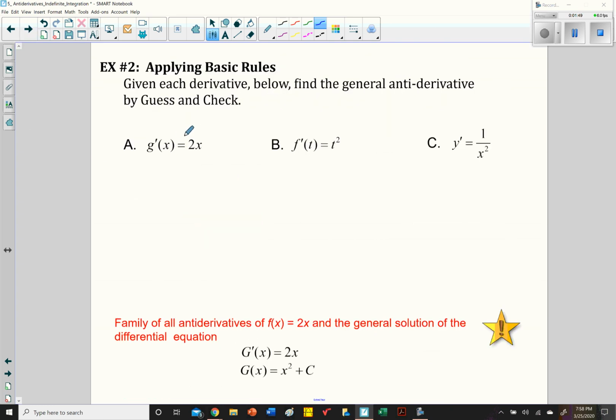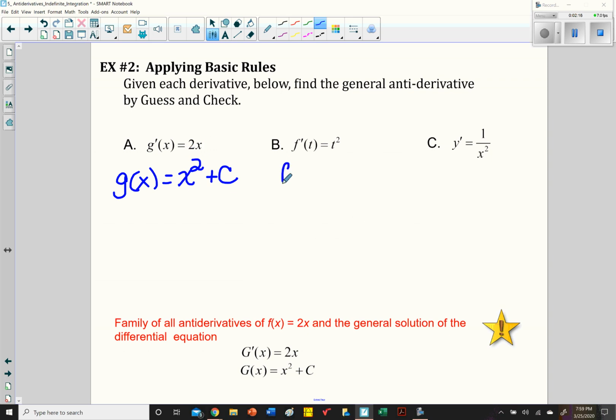If you apply those basic rules given a derivative, you can see that if the derivative is x squared, the original function has to belong to the family. If the derivative is 2x, the antiderivative has to belong to the family x squared. So any x squared plus a constant would have a derivative 2x.